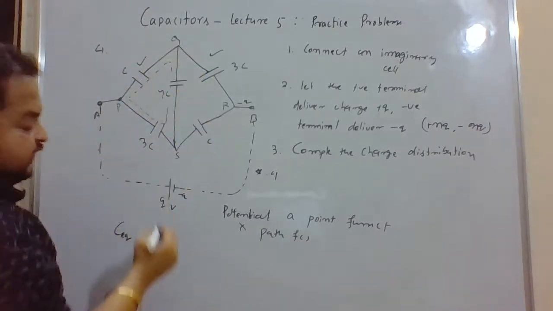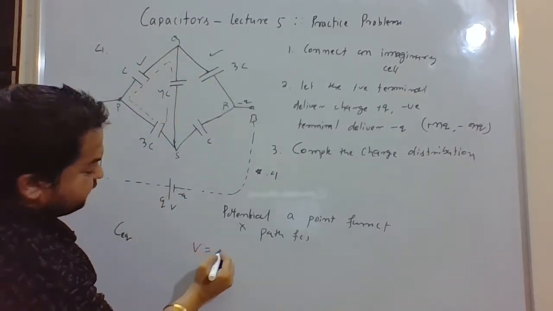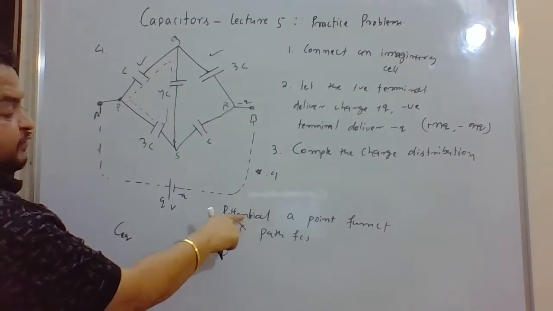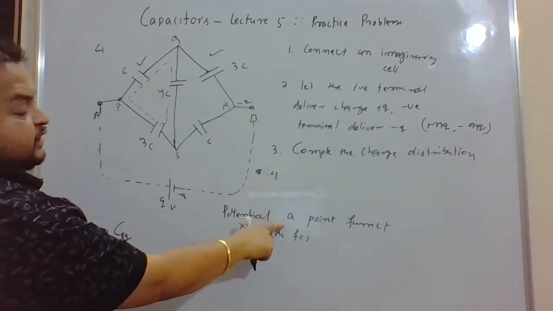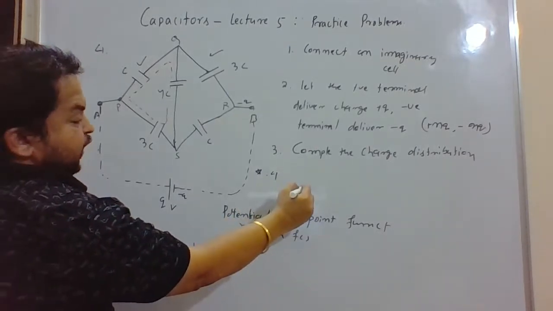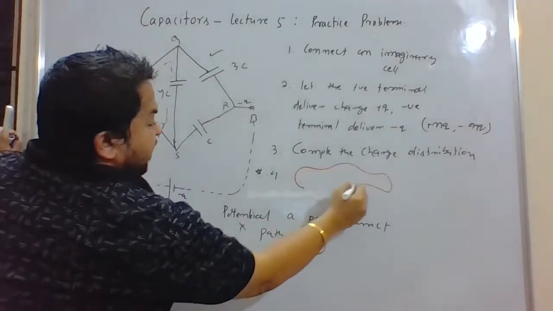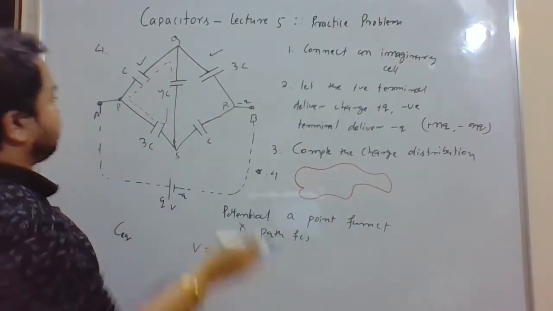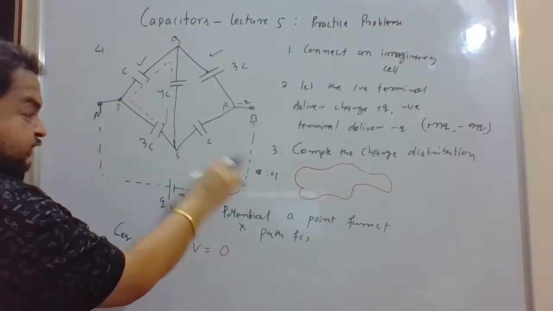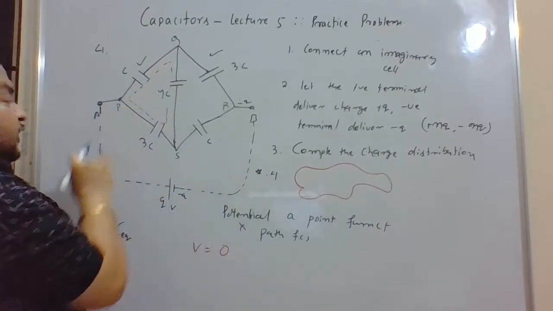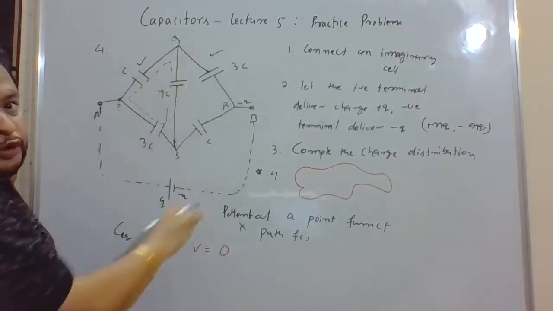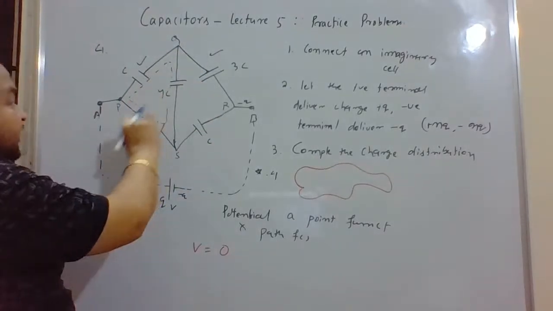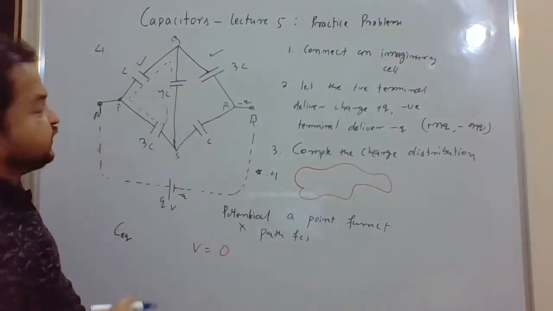What will be the net potential difference? Potential difference will be zero, because potential is nothing but a point function. You start from a point, you go in a path, come back to the same point. The potential difference is obviously zero. So we will use this concept here, that in any closed loop, the net potential difference is zero.